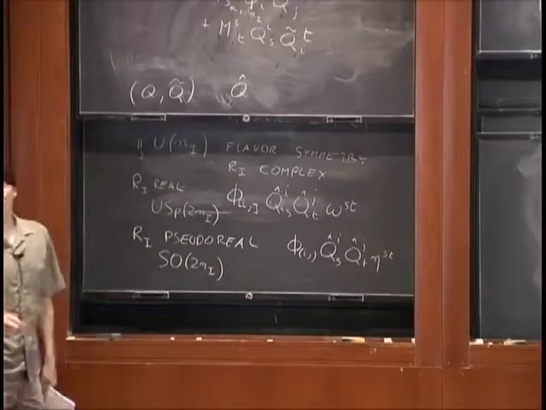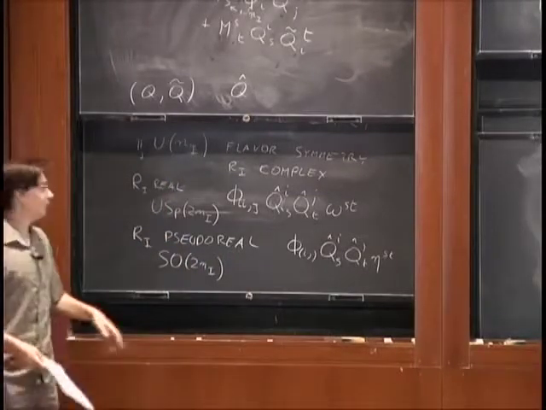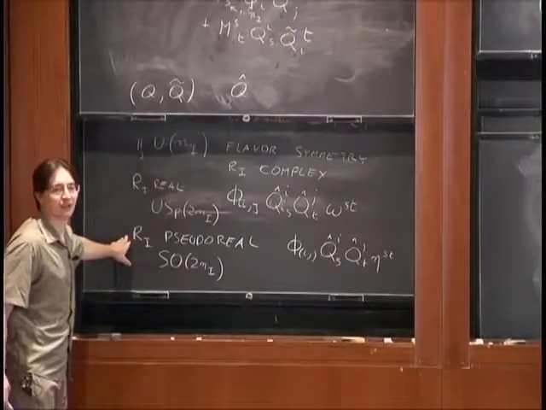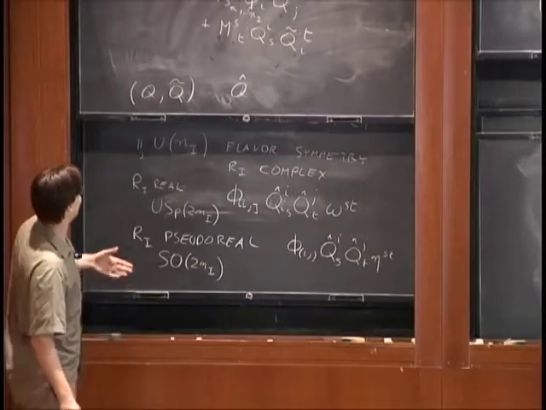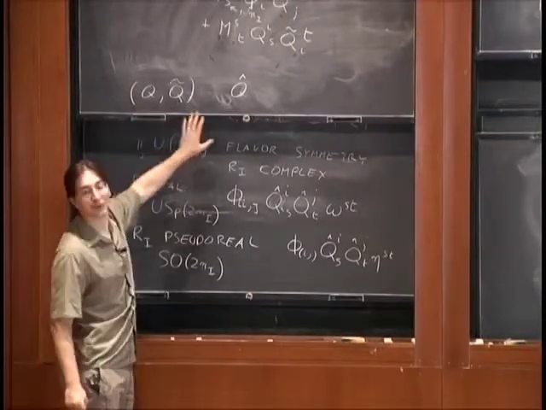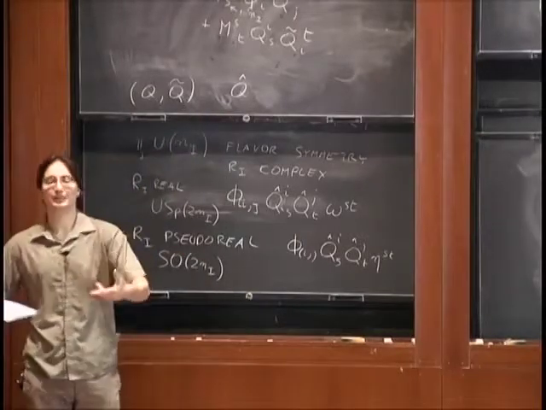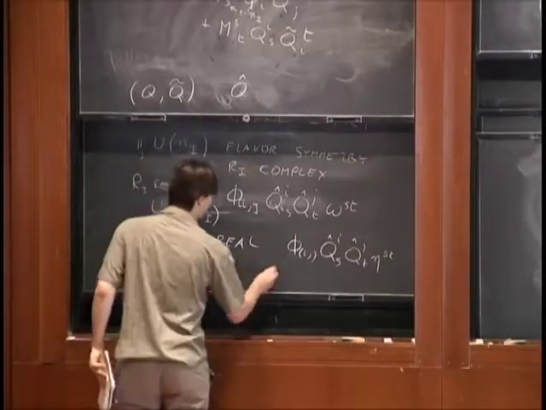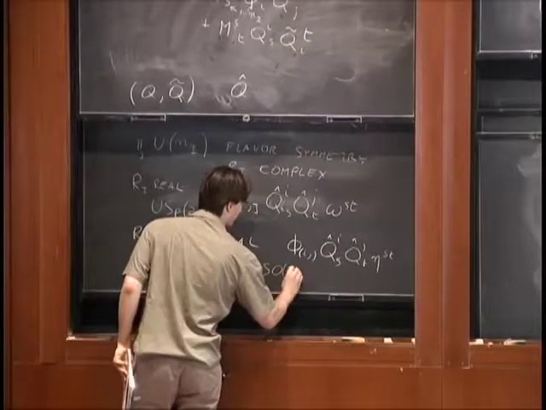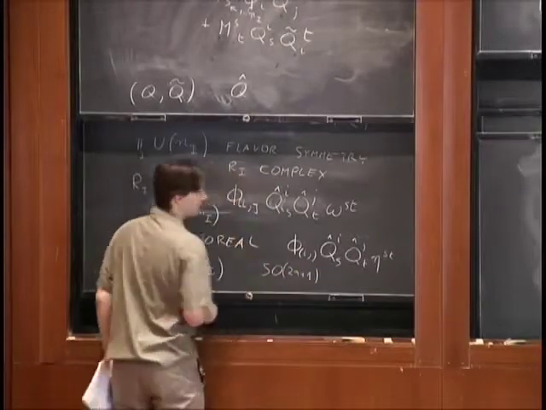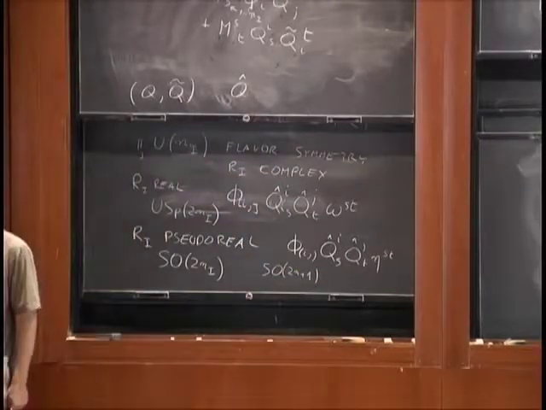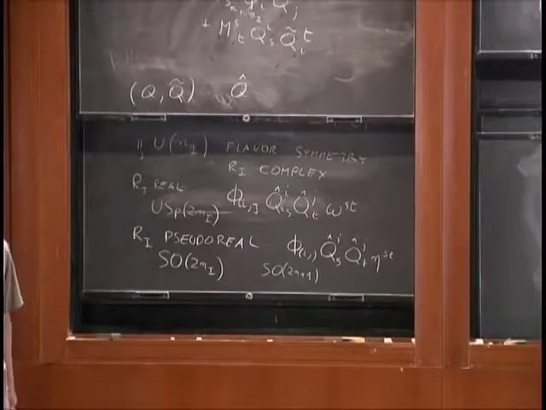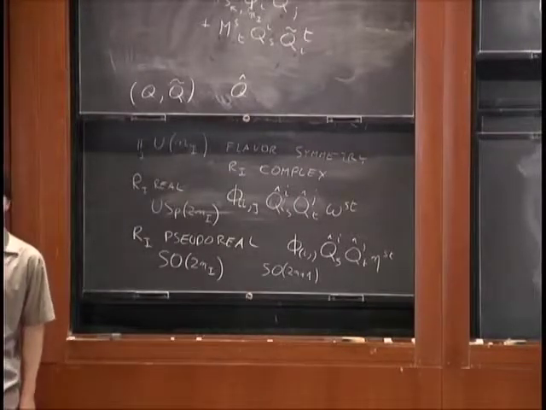Now, it's worth mentioning, because it will play a role, that if the representation is pseudo-real, you can actually try to keep half of this matter content, one half hypermultiplet, so that you would have an SO(2n+1) flavor symmetry. This is always possible classically. Quantum mechanically, there are some possible issues.